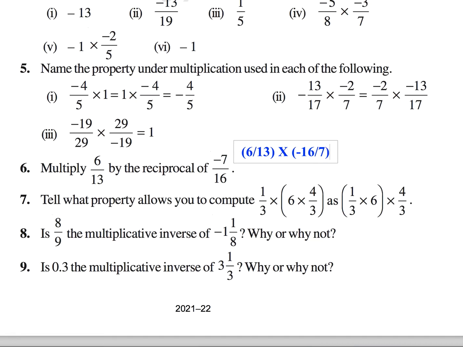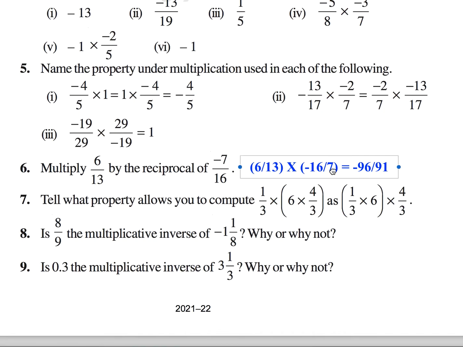Wherever you put the negative mark, the meaning is going to be the same. Okay, 6 16s are 96. So minus 96 upon 13 7s are 91. Yes, 91. So this is the answer.